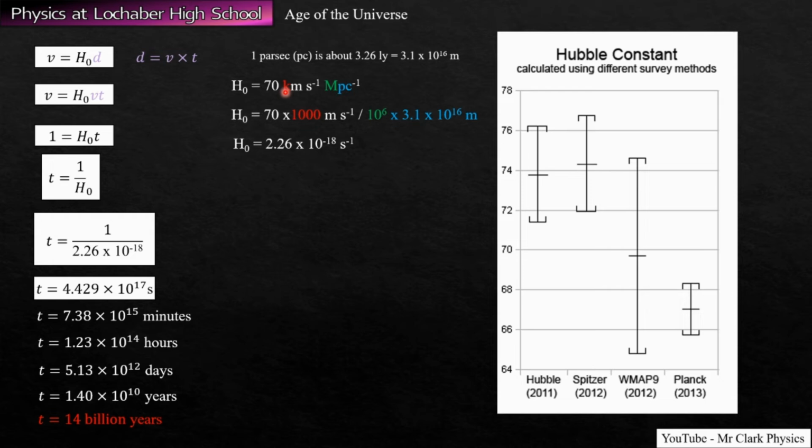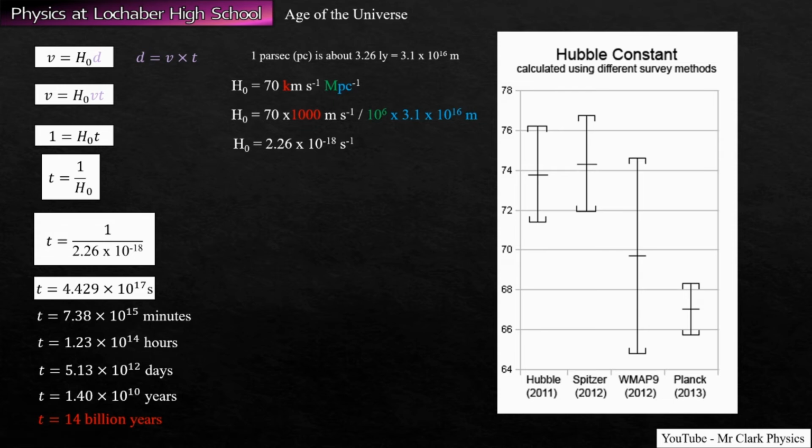Now we have to convert from kilometers into meters per second and from megaparsecs into meters. Doing that conversion gives us a Hubble constant of this value here, 2.26 times 10 to the minus 18 per second. 1 over that gives us this rather terrifyingly big number. Converting from seconds into minutes, then to hours, then to days, then to years, turns out the universe is approximately 14 billion years old.